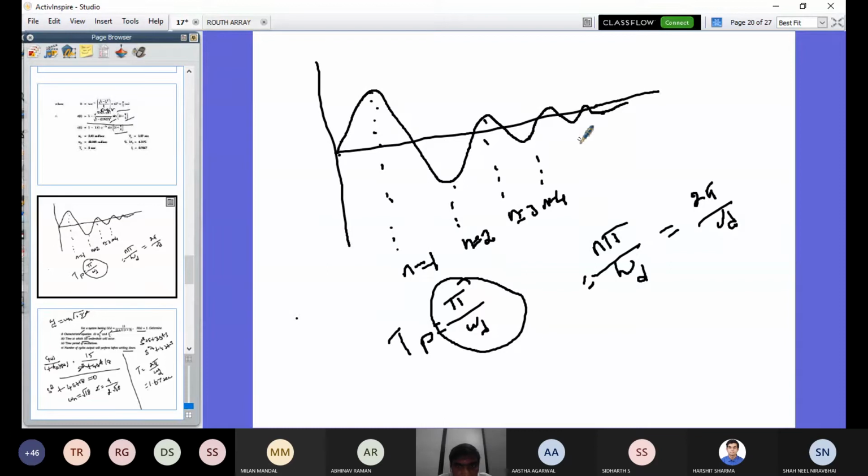Here which is the one complete cycle? We can consider from first overshoot to second overshoot, that can be one time. Yeah, very good. So from here to here, you can consider this is one complete cycle. Or you can consider from here to here.